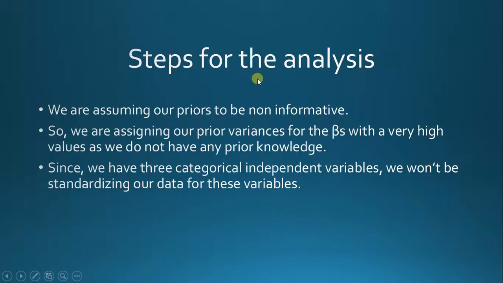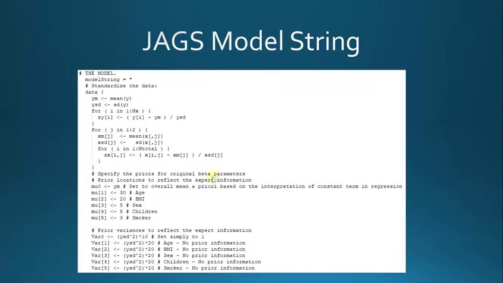So here are the steps for the analysis. We are assuming our priors to be non-informative, hence we'll be setting our betas with very high variances while assigning our prior information. And also we have 3 categorical independent variables, hence we won't be standardizing our data for these particular variables. So here is the model string, here is the standardization, here are the prior information settings.